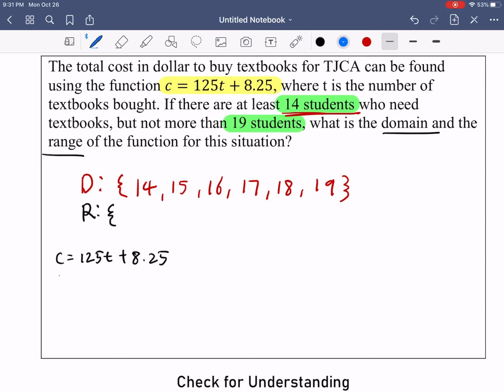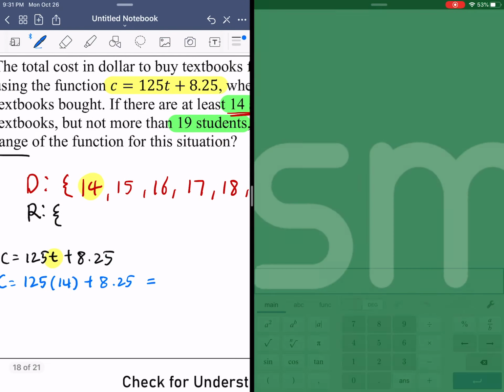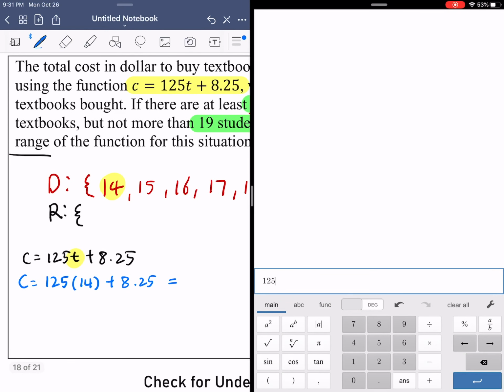So let's do this. 125, so instead of t, now we're going to put these x values, okay? So instead of t, I'm going to use 14 this time. So 125 times 14 plus 8.25. Let's use a calculator, okay? 125 times 14 plus 8.25.